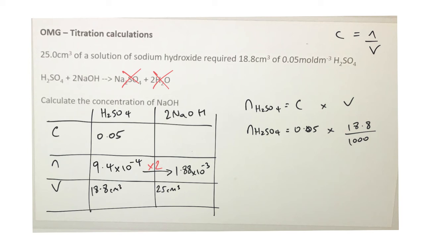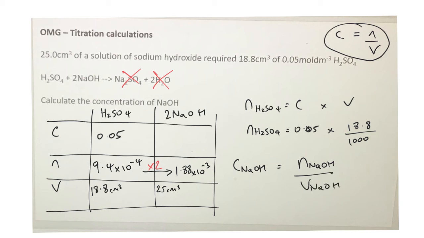My last thing I need to do now is calculate the concentration of NaOH, what can go in this box. And my concentration, remember I've got the equation C equals N over V, so my concentration of NaOH is equal to my number of moles of NaOH divided by my volume of NaOH.